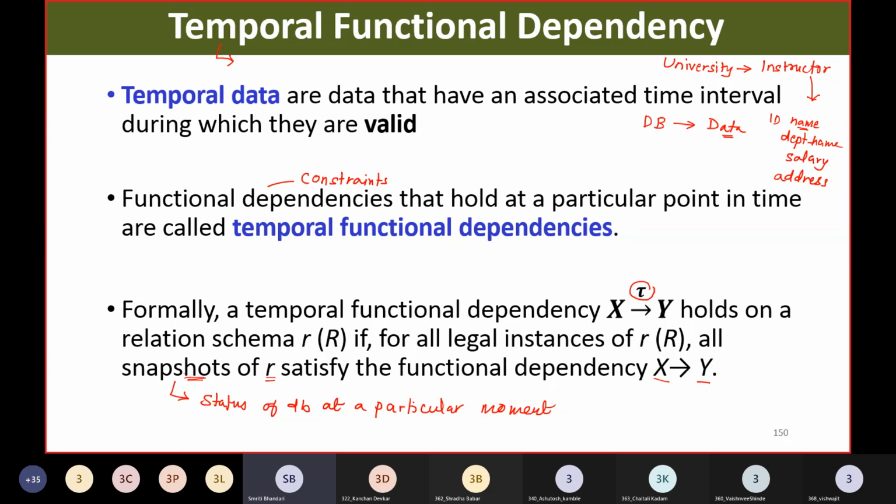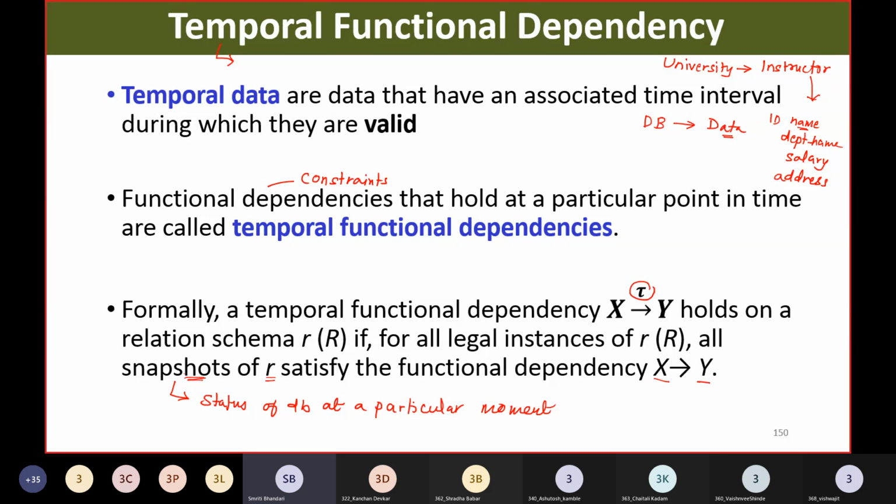That's all. So, in a sense, you should remember what is temporal data, what are temporal functional dependencies, and how it has formally been defined. Based on temporal functional dependencies, we need to have some modifications in our database design. In our ER model and relational model, we need to reflect those temporal changes in terms of some attributes.